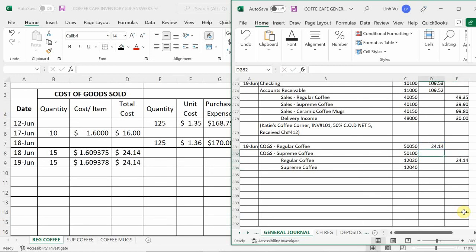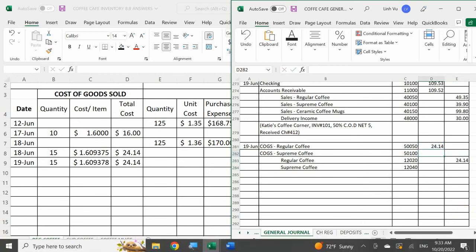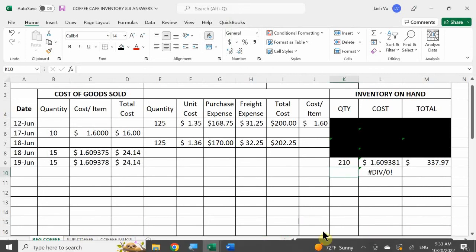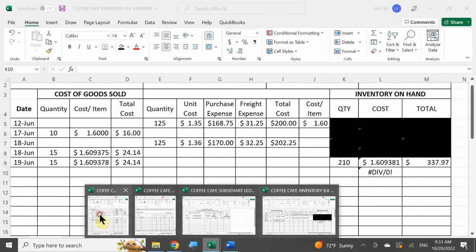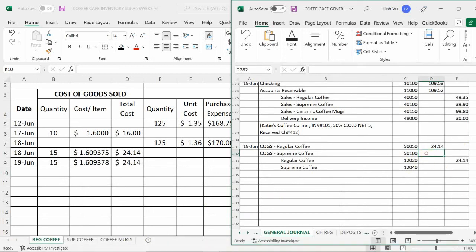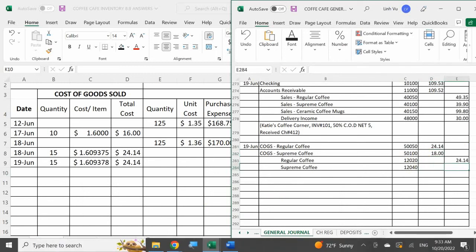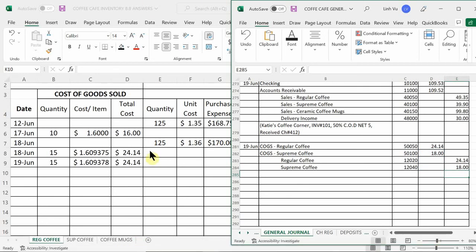Cost of goods sold for the Supreme coffee, how much? $18. And in this case, what would my description be? Who did we sell these coffees to? Katie's Corner. Good.